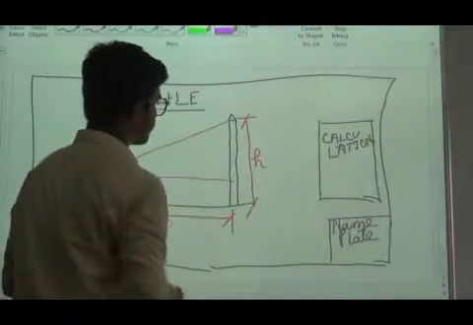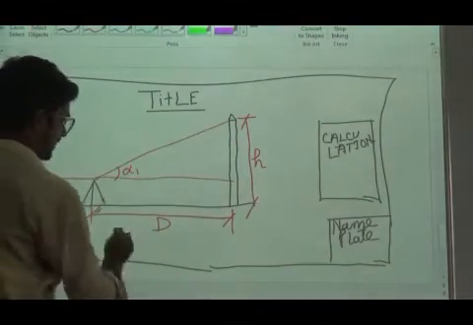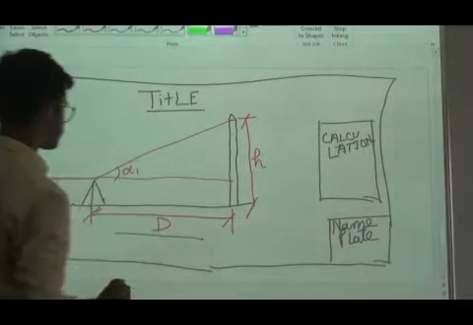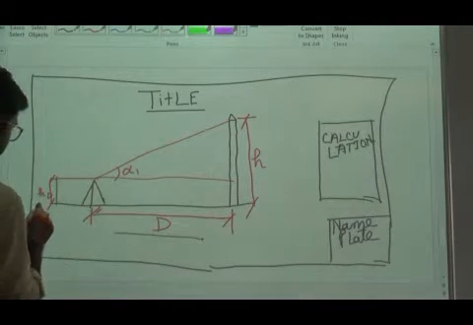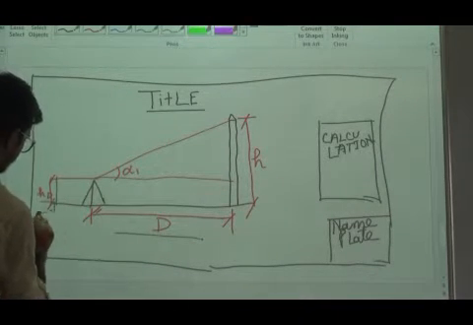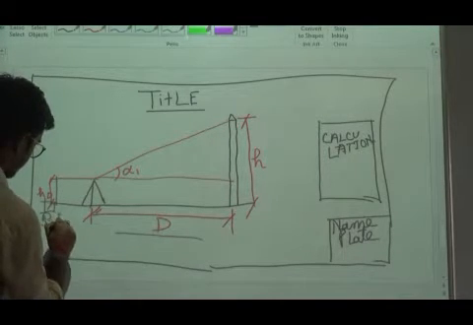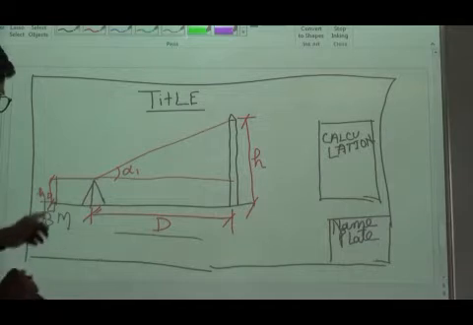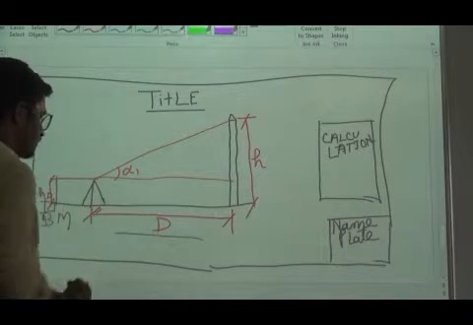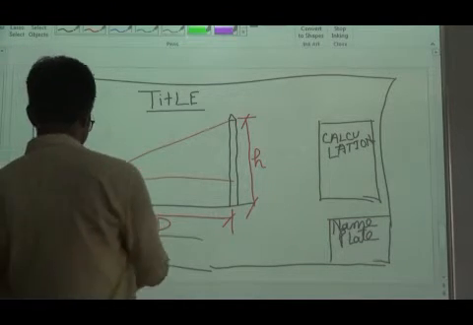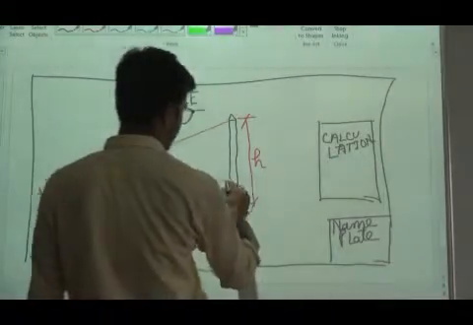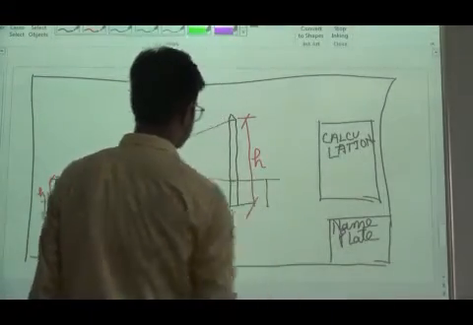We have the distance D, and we have to take the first BM. This one is BM. The BM is H1, and after calculating this, the height will be equal to H1 plus 12.